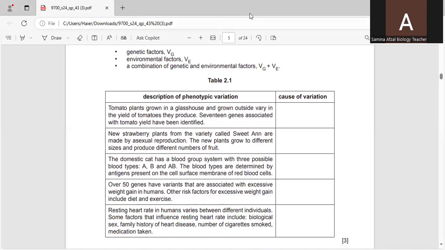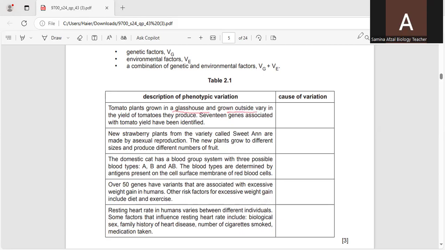So we are moving with the first description of phenotypic variation. What is phenotypic variation? Phenotype is actually the physical appearance, how physically they look. So you can see tomato plants grown in a glass house and grown outside.